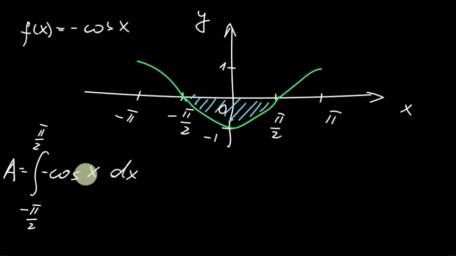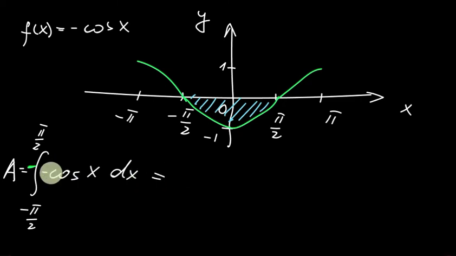What is very important here is that in our previous example, the area was on top of the x-axis. Now it's under the x-axis, so once we calculate this area, it will be negative. We don't want that. Therefore, we need to write a minus before our integral.